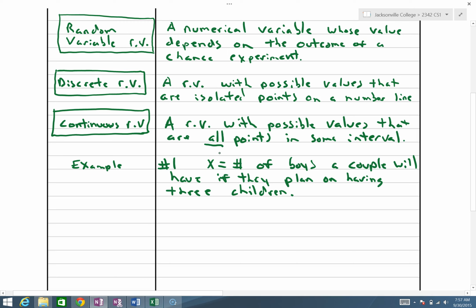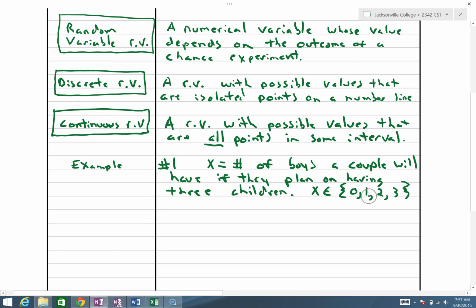So in this case, x could, in math we use this term element of, x could be in the set 0, 1, 2, or 3. These are the possible outcomes. If we're having 3 kids, we could have no boys, 1 boy, 2 boys, or 3 boys.